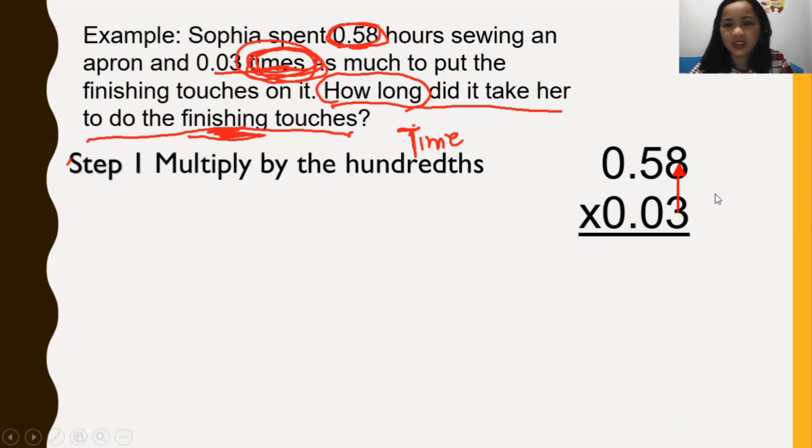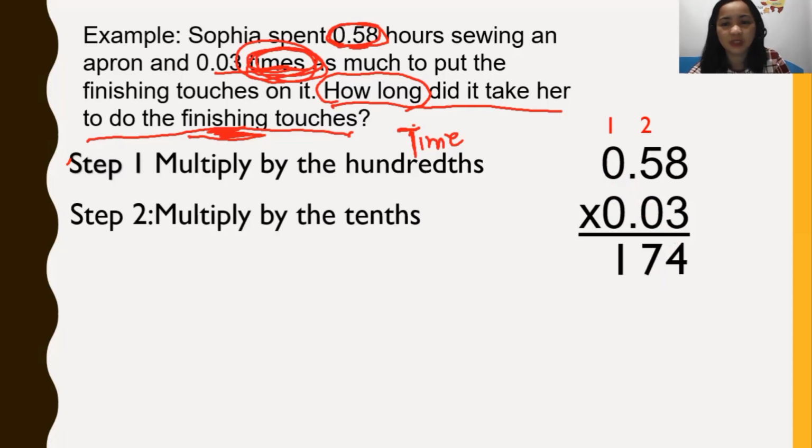First we have 3 times 8 is 24. Bring down 4 and we have here 2. Then we have 3 times 5, 15 plus 2 is 17. Bring down 7, carry 1. Then we have 3 times 0 is 0 plus 1 is 1. So that is the hundredths.